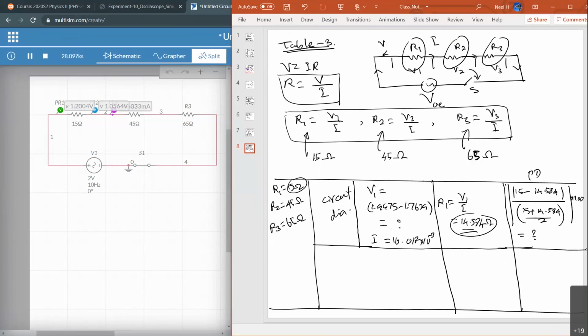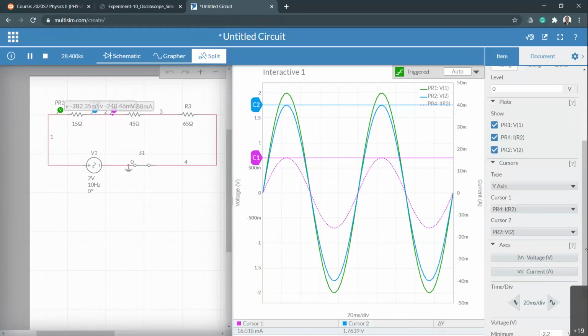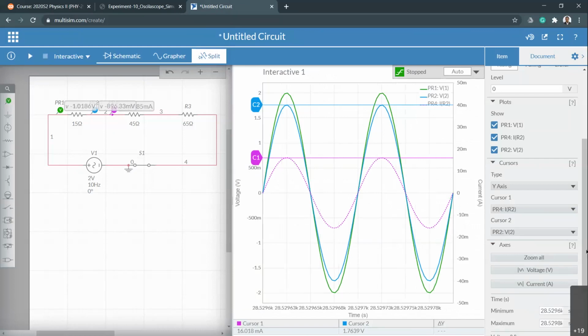Let's do the same calculation now for R2. That means I need the V2, right? To get the V2, you know what you have to do. Now you have to change these voltage sensors. So which means you have to first stop the simulator. That's why earlier I mentioned, instead of stopping the simulator each time, you can actually use many voltage sensors if you want to. Doesn't matter, because this is a simulator, you can get many.